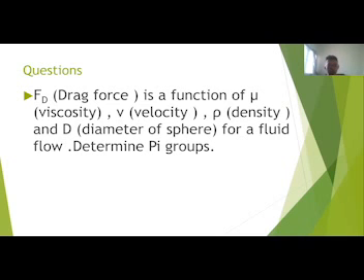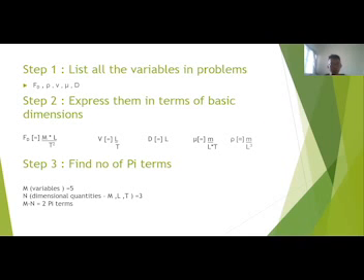So it's the question. Drag force is a function of viscosity, velocity, density, and diameter of sphere for a fluid flow. Determine pi groups. We'll be using Buckingham Pi theorem to solve this problem. So step 1, we have to list all the variables in the problem. The variables are drag force Fd, density ρ, velocity V, viscosity μ, and diameter D. Step 2, we will express each of them in terms of basic dimensions.